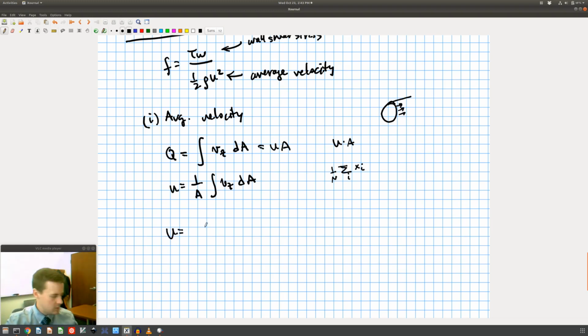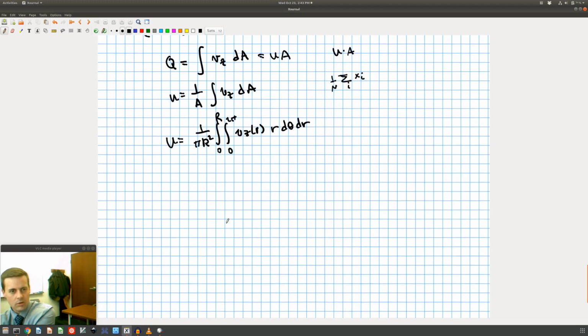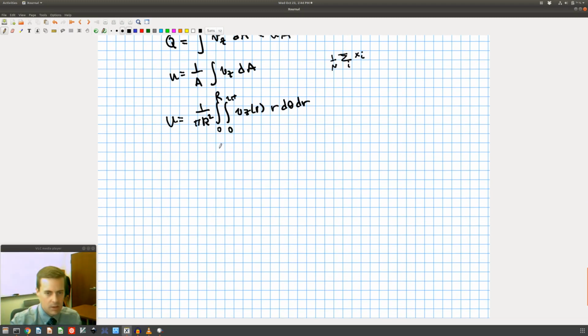Alright, U is equal to 1 over, what's the area? It's pi r squared. And my integral here is going to be from 0 to 2 pi and 0 to big R, Vz as a function of r, d, let's see, I put in theta, I forgot the r, don't forget the r d theta dr. Okay, so this is just math from here on out, but let's do it out because we have a little time because we're in an example video.